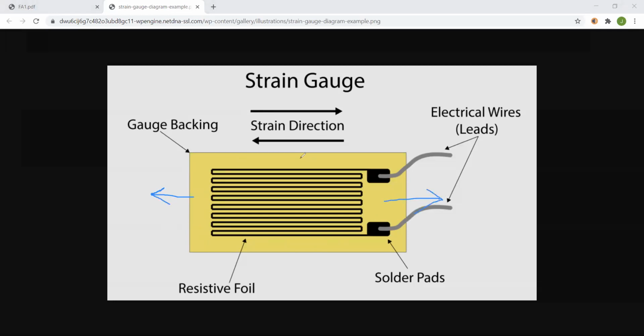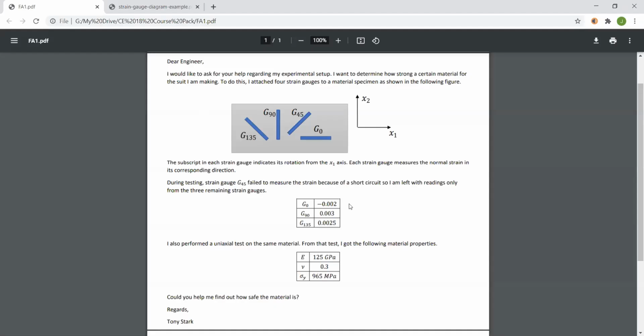Okay? So hindi niya ma-measure yung sa ibang directions, no? That's why in the problem, the one who emailed you, which is Tony Stark, attached strain gauges in different directions. Okay?